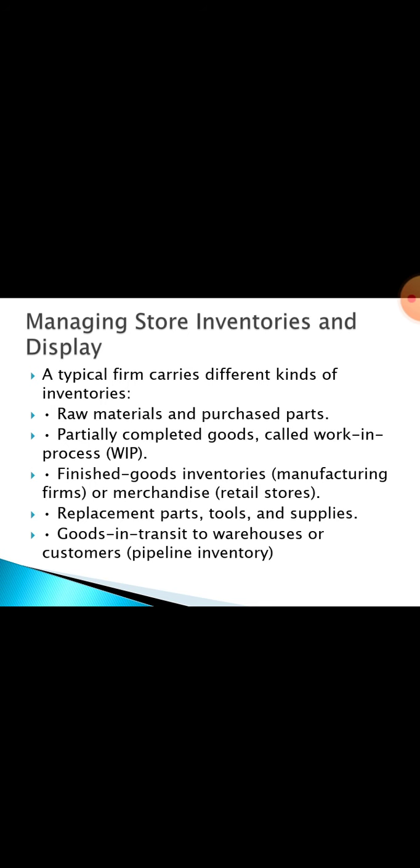It could be raw material, it could be work in progress, that is partially completed goods, finished goods inventory, replacement parts, tools, supplies. That could be your goods in transit to warehouses or customers. That is known as pipeline inventory.